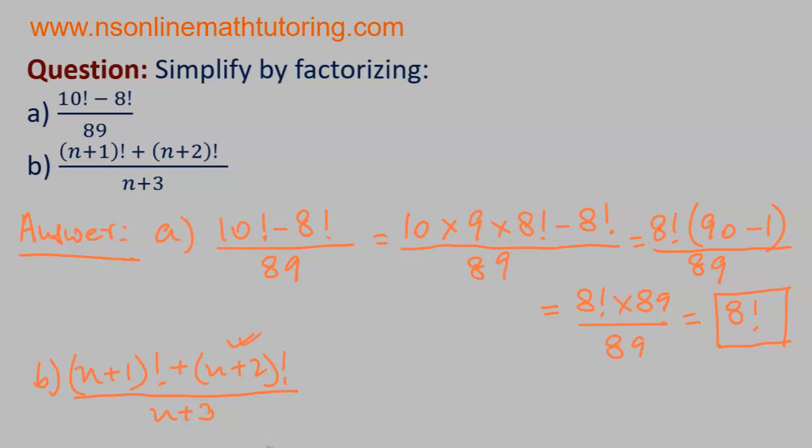So, we write n plus 1 factorial plus n plus 2 times n plus 1 factorial over n plus 3. Okay.